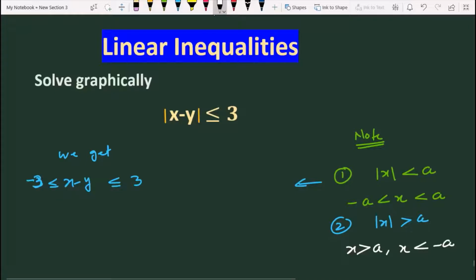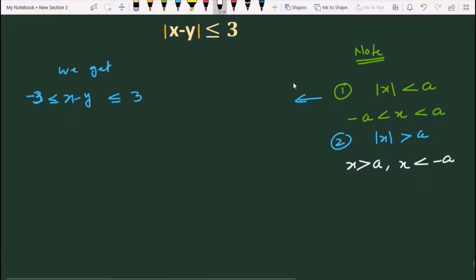So we have two inequalities here. First, x minus y greater than minus 3, and second, x minus y less than 3. तो टू पार्ट्स में हमने इसको डिवाइड कर लिया है.